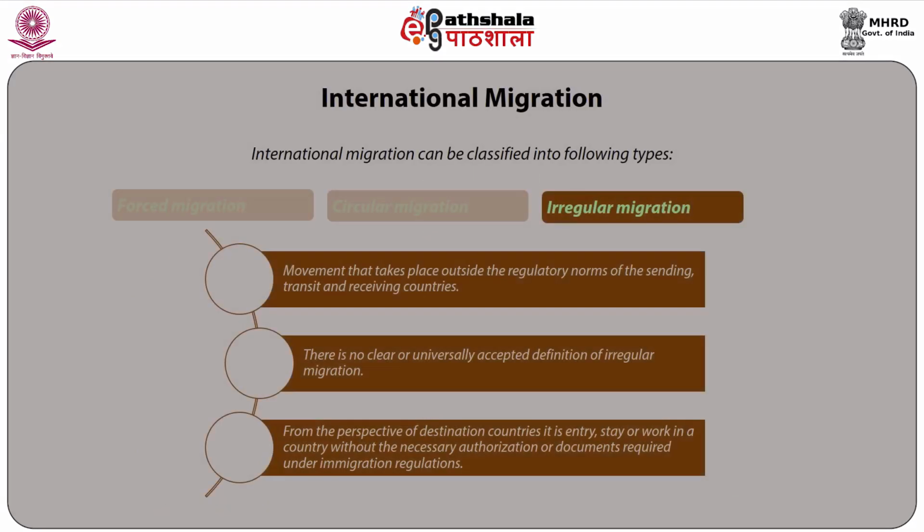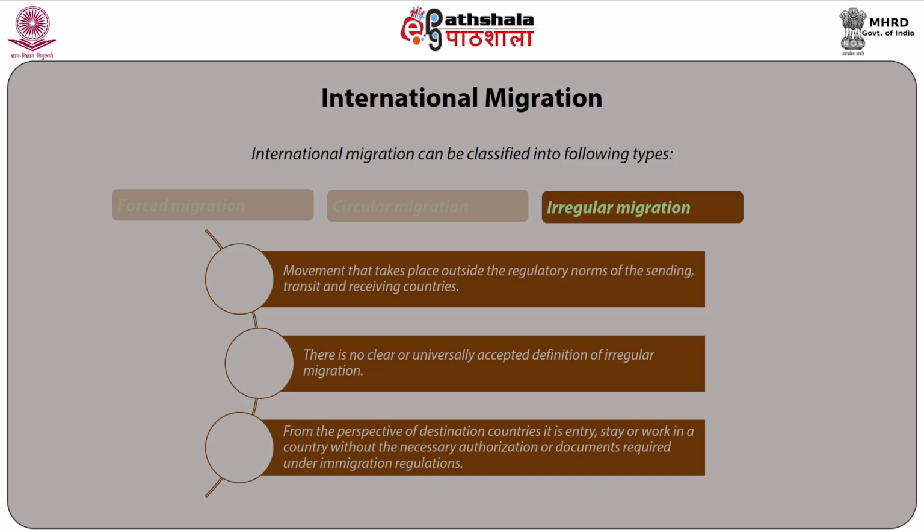Another important type of international migration is irregular or undocumented migration. Earlier, it was also termed illegal migration. However, now this term has been prohibited in many countries. It refers to movement that takes place outside the regulatory norms of the sending, transit, and receiving countries.